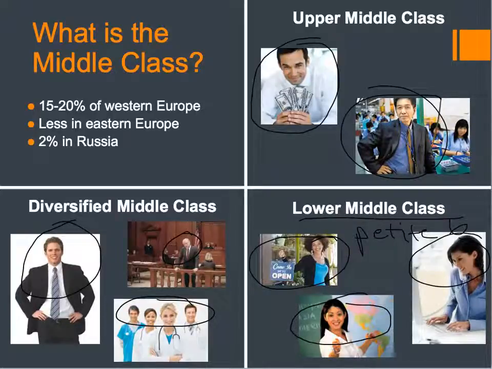Women often fill these positions: department store clerks, stenographers, secretaries, waitresses, nurses. It's really your entry-level professional positions. They are different because you need certain skills, more than maybe a factory worker. So the big notice here is that inside the middle class, you have differences. You see more middle class bourgeoisie the more west you are in Europe than the more east you are.